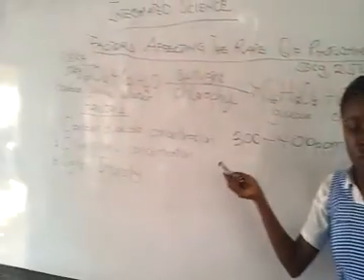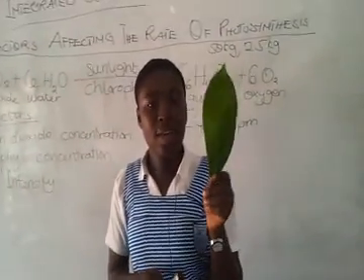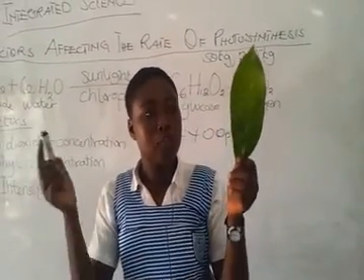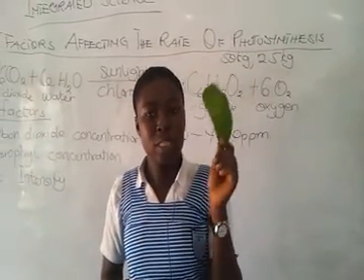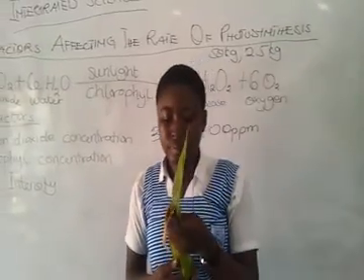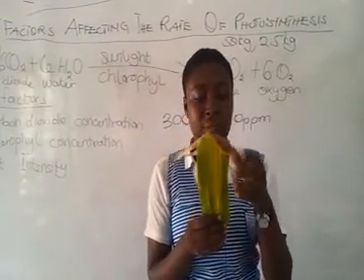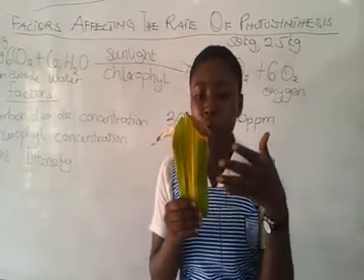Now taking chlorophyll concentration. Fresh green plants like this have a high chlorophyll concentration. Hence, they are able to trap maximum light needed for photosynthesis, and the rate of photosynthesis increases. But with variegated leaves like this, when we say a variegated leaf, we mean a leaf which has parts containing chlorophyll and parts lacking chlorophyll.